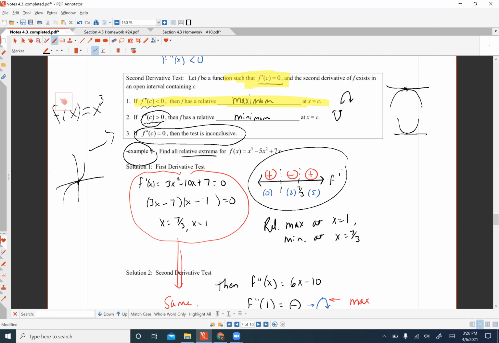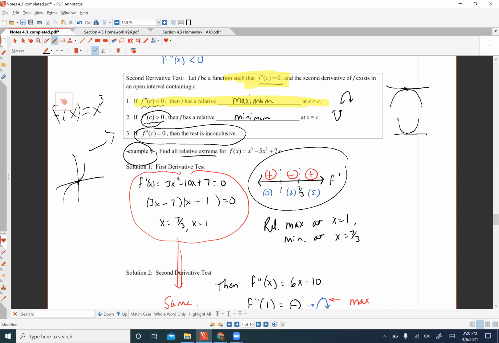But we want to look at the second derivative test. So the first derivative test: 1 and 7/3 divide the real number line up into 3 parts. You take a point to the left of 1, a point in between 1 and 7/3, and a point to the right of 7/3, and you plug it into the first derivative function to see whether the first derivative is positive or negative in that segment.